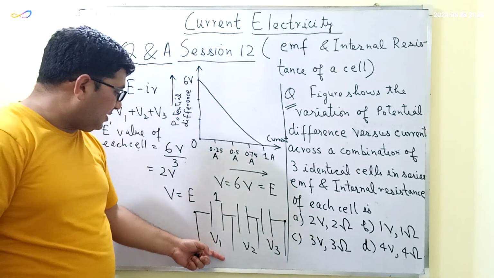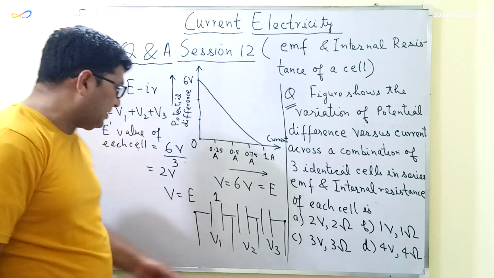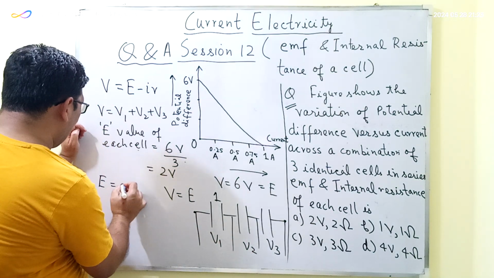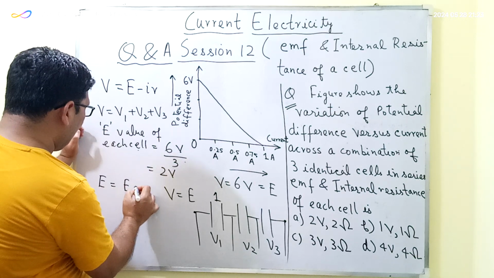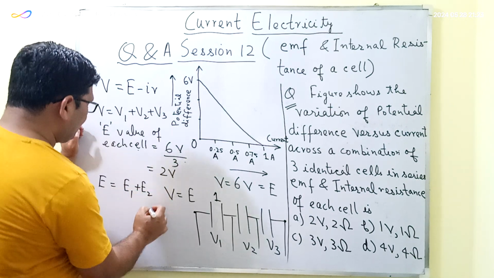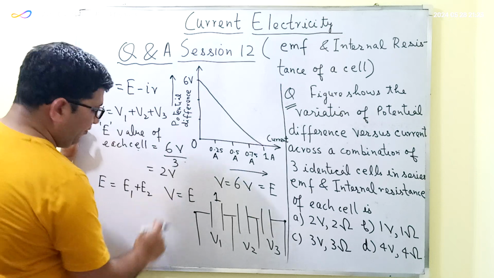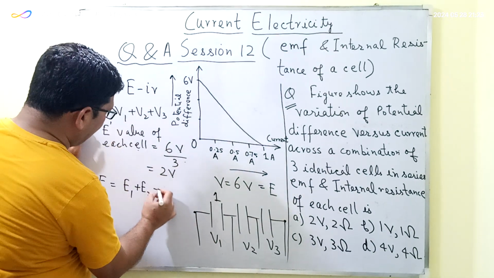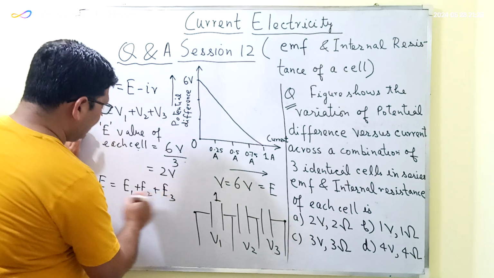Since these three cells are connected in series, therefore the total EMF value will be equal to the EMF value across the cell 1 plus the EMF value across the cell 2 plus the EMF value across the cell 3.